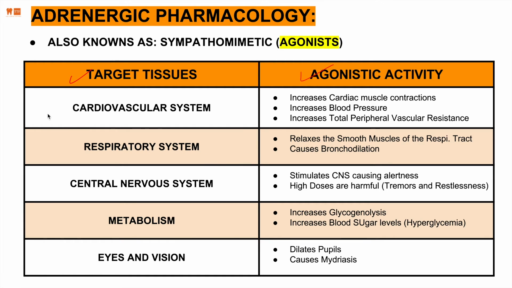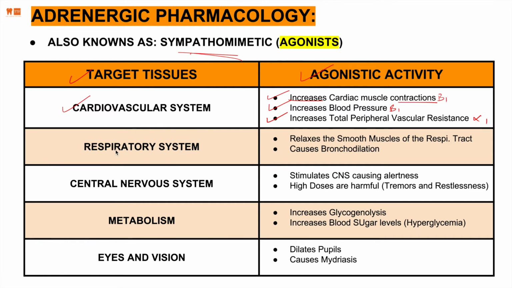So, cardiovascular system. What happens when sympathomimetic, the agonist, affect the cardiovascular system? Well, we now know that it increases contraction of the heart muscle. Therefore, it increases cardiac output and blood pressure, and increases total peripheral vascular resistance. This is alpha-1, this is beta-1, this is beta-1.